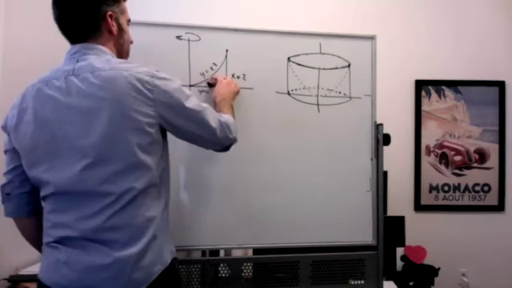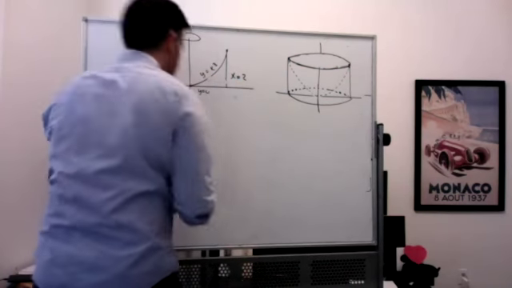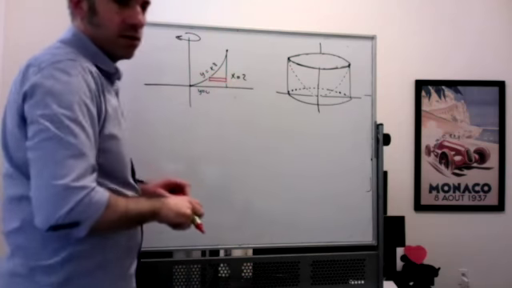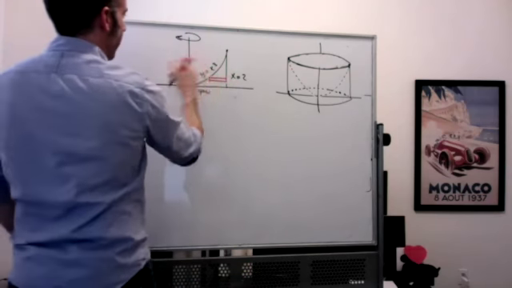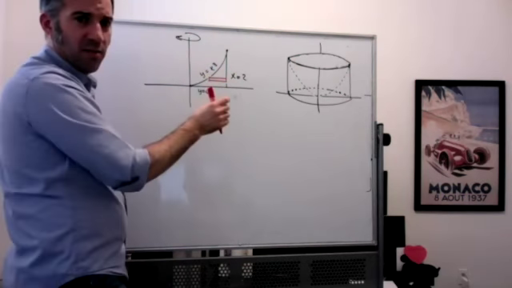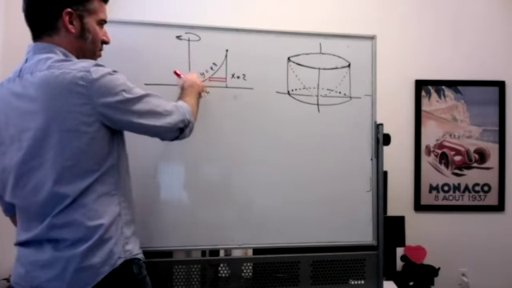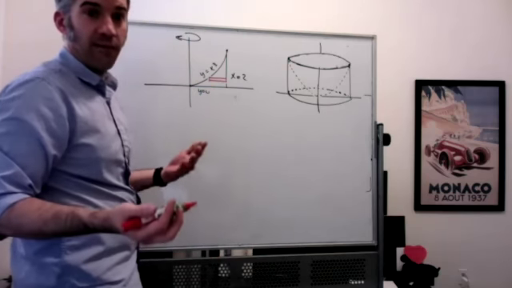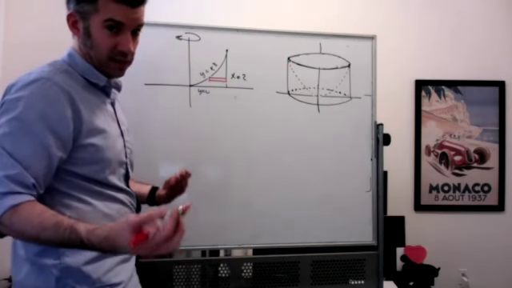So here's the deal. This is kind of important. When I rotate this around the y-axis, there's some space. My region isn't right next to the axis of rotation, or as I like to say, it isn't flush with the axis of rotation.